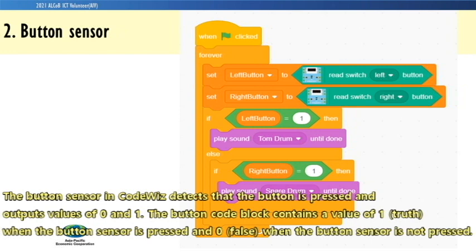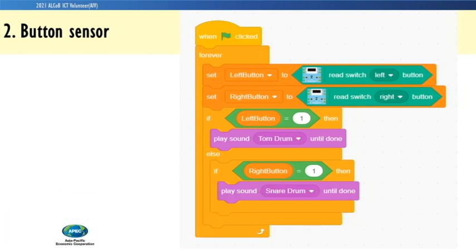The second one is a button sensor. This sensor in CodeWiz detects the button is pressed and outputs values of 0 and 1. The button code block contains a value of 1, true, when the button sensor is pressed, and 0, false, when the button sensor is not pressed.